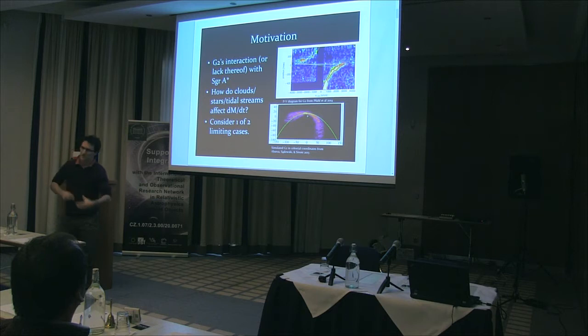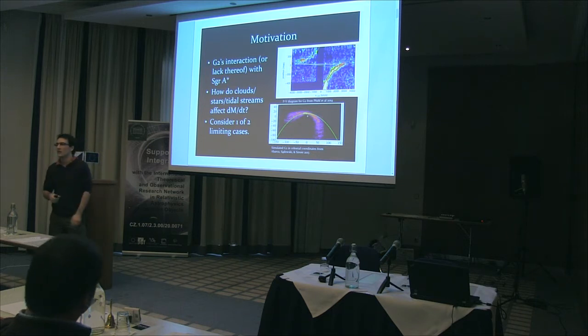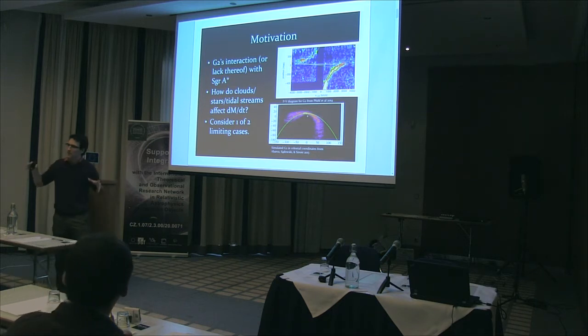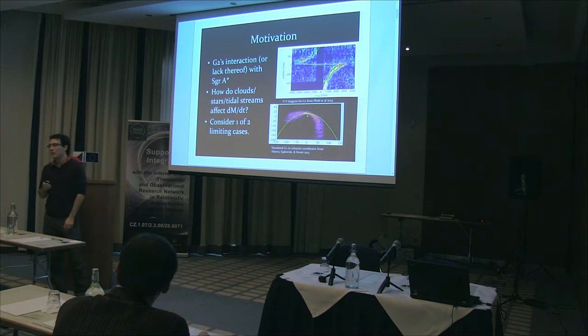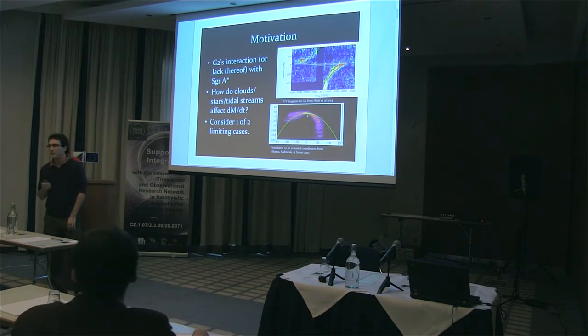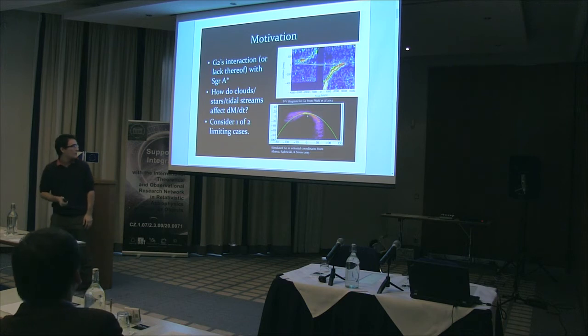I might refer to it as a bullet several times, but just a very dense cloud that does not get disrupted, passes through the disk, and forms a bow shock in front of it. And the idea is that that bow shock, ideally, will propagate through the disk onto the black hole, and in some way affect the accretion rate. So that's what we wanted to explore.